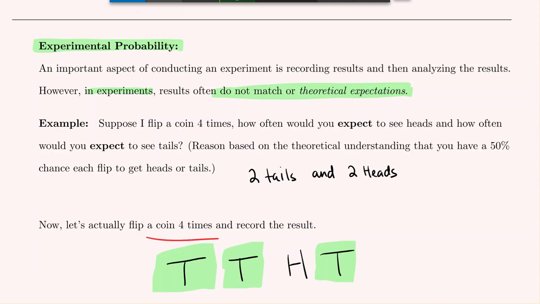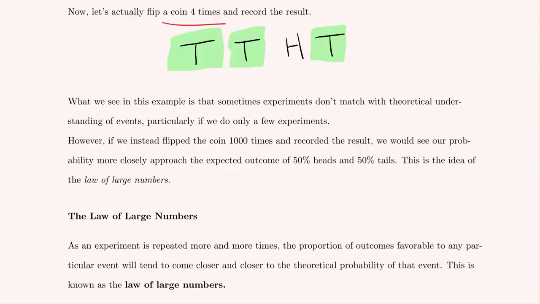There are more instances where I have 2 heads and 2 tails than those instances, but there's still the possibility that I could get only heads, only tails, or any mixture in between. However, one thing that we need to keep in mind is that in this particular experiment, I only did 4 coin flips, which from an experiment perspective is really not much.